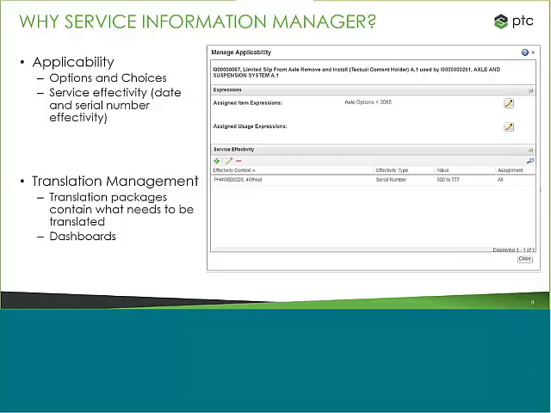So you're identifying which piece of the product this is relevant to, and then which specific serial numbers it is relevant to, or which specific dates. You know, it's relevant from 2017 to the end of 2018 or something along those lines. And so in this specific example, it's showing a serial number effectivity.